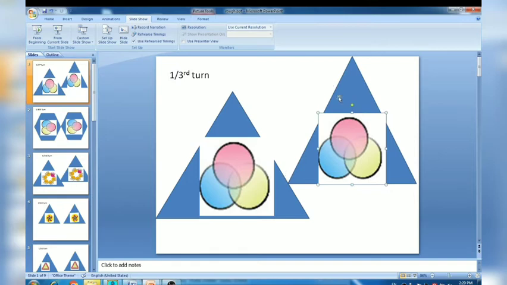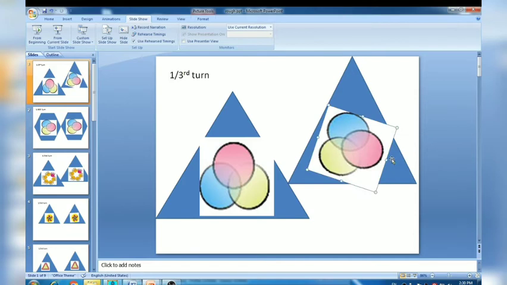This is the first, this is the second, and this is the third. Now I am going to see which one looks the same on a 1/3 turn. I am covering only one part here. Does it look the same? No, it does not look the same.